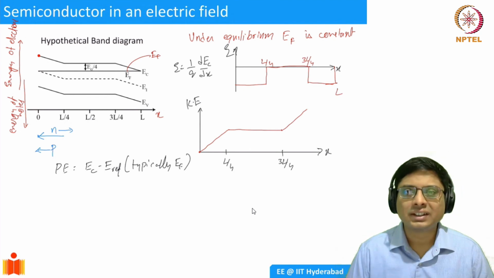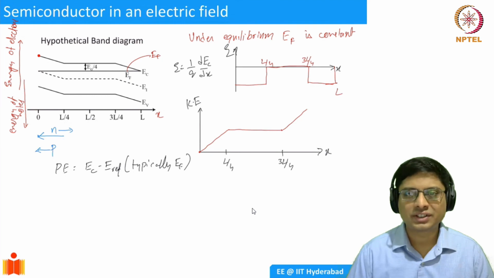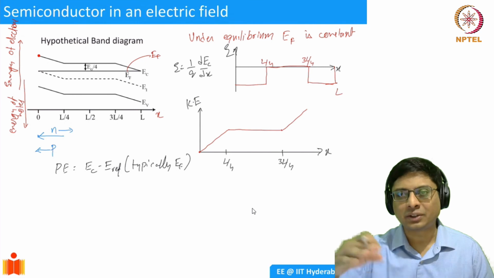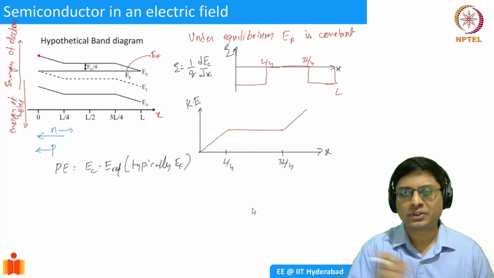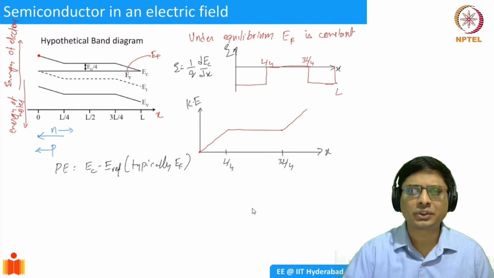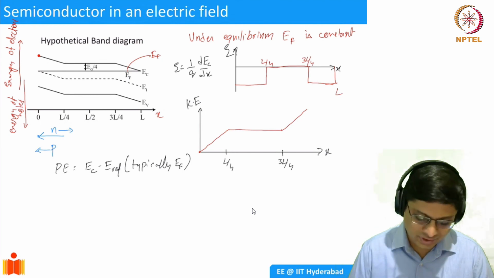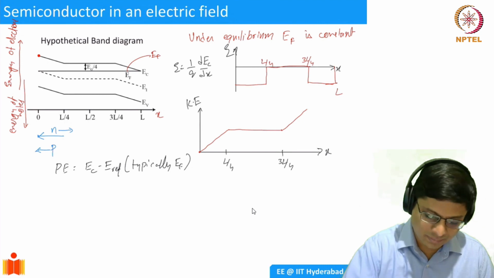And why EC? Well, we are saying that the potential energy simply corresponds to the changes in EC. Whenever you apply an electric field, the bands are going to bend, and that is also going to be a measure of your potential energy, because no other forces are involved. Okay. So with this, we could draw the potential energy similar to what we have done in the kinetic energy case.